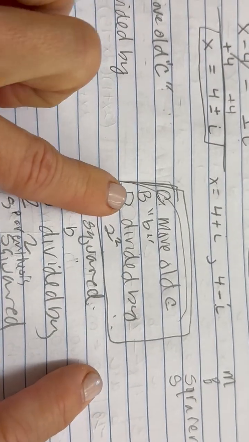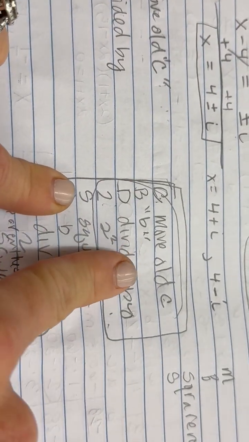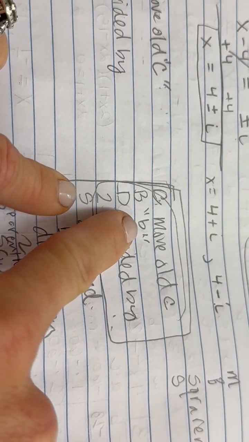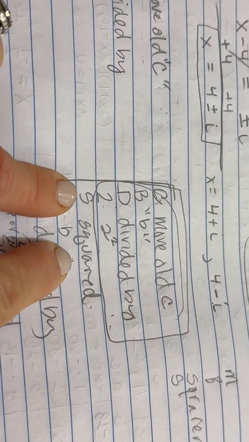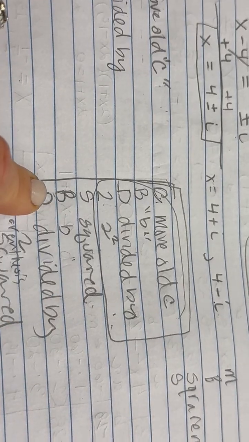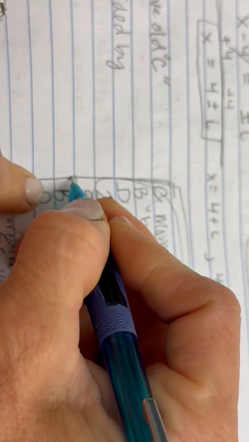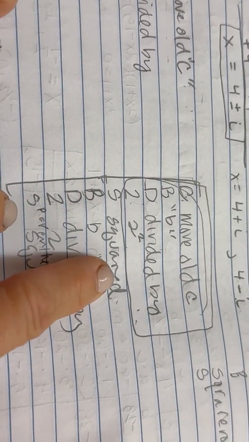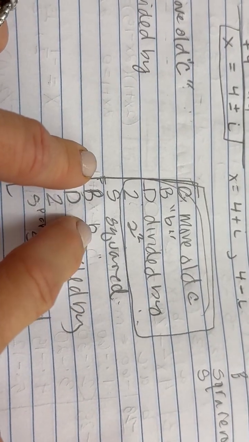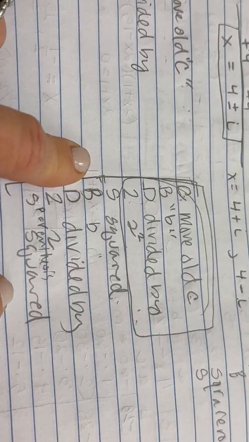So this is CBD2S, means move the old C. Then we take the B divided by 2 and squared. That's the special value that we add. And then it's F for factor, BD2PS. So you factor to B divided by 2 parentheses squared.